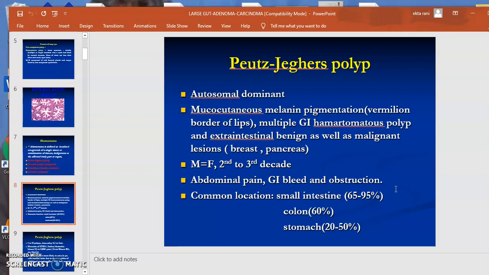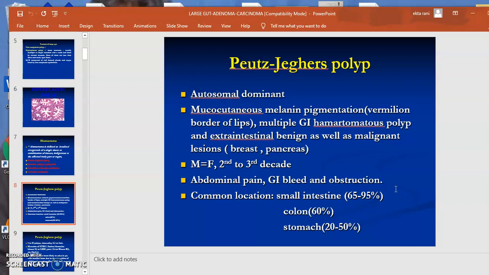So coming to Peutz-Jeghers polyp or Peutz-Jeghers syndrome. Peutz-Jeghers syndrome is an autosomal dominant syndrome and it has mucocutaneous melanin pigmentation in association with multiple GI hamartomatous polyps and extraintestinal benign as well as malignant lesions of breast and pancreas.